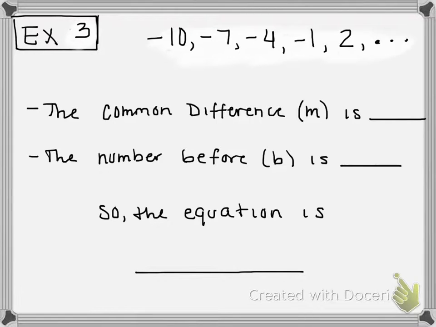Okay, one more that we're going to do together, just because we have some negatives in there, so it's a little bit different, a little bit trickier. We're going to start by, just like always, finding the common difference. What's happening each time in this equation to get to the next number. So from -10 to -7 to -4 to -1 to +2. So we're getting bigger. Even though the numbers technically look like they're getting smaller, we're getting towards positive numbers here.